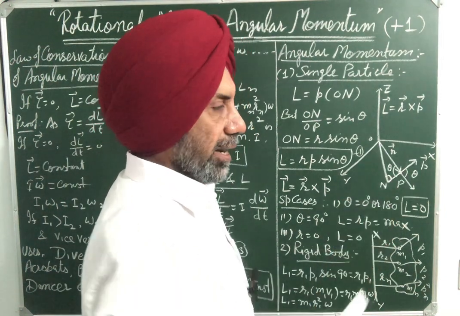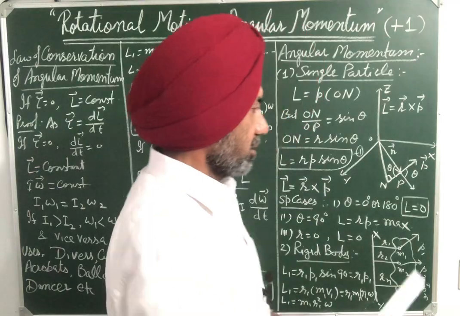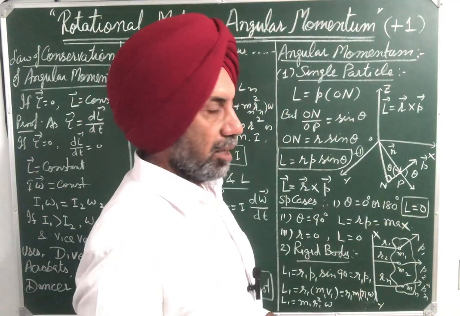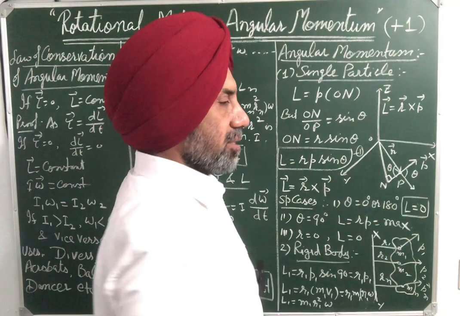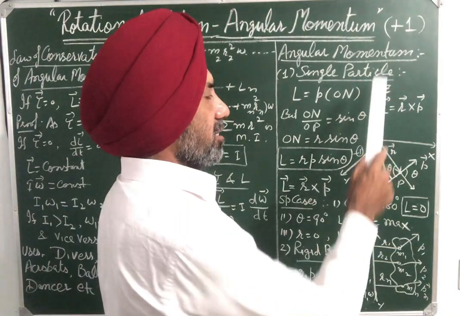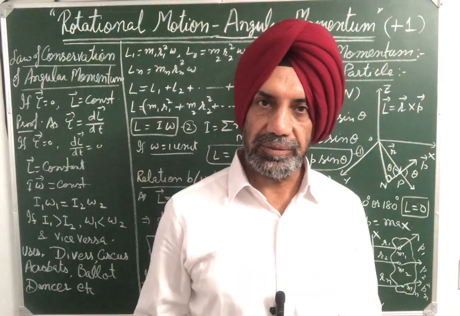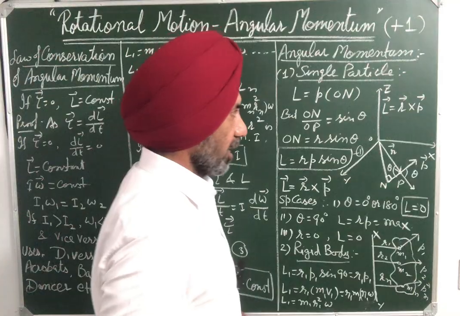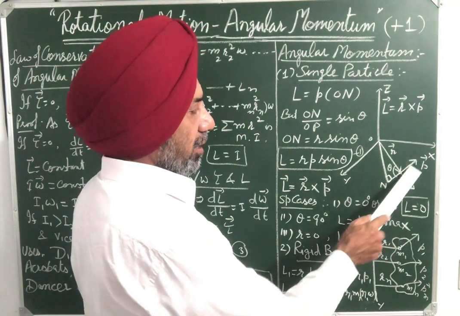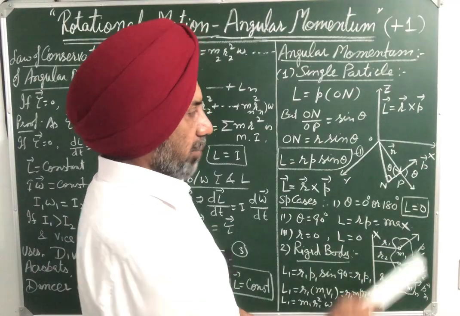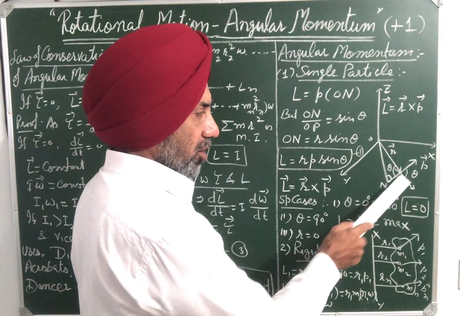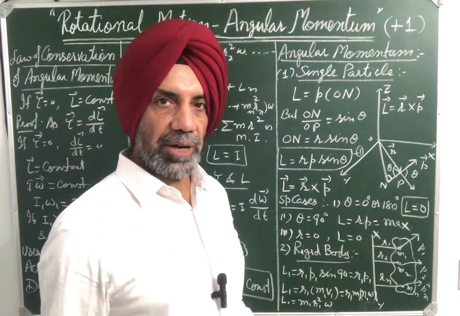Let ON be the perpendicular on the line of action of linear momentum as shown in the figure. So the xy plane is the plane of the particle and the z axis is the axis of rotation as shown in the figure. Then angular momentum L is given by the product of the magnitude of linear momentum and the perpendicular distance of the direction of linear momentum from the axis of rotation.